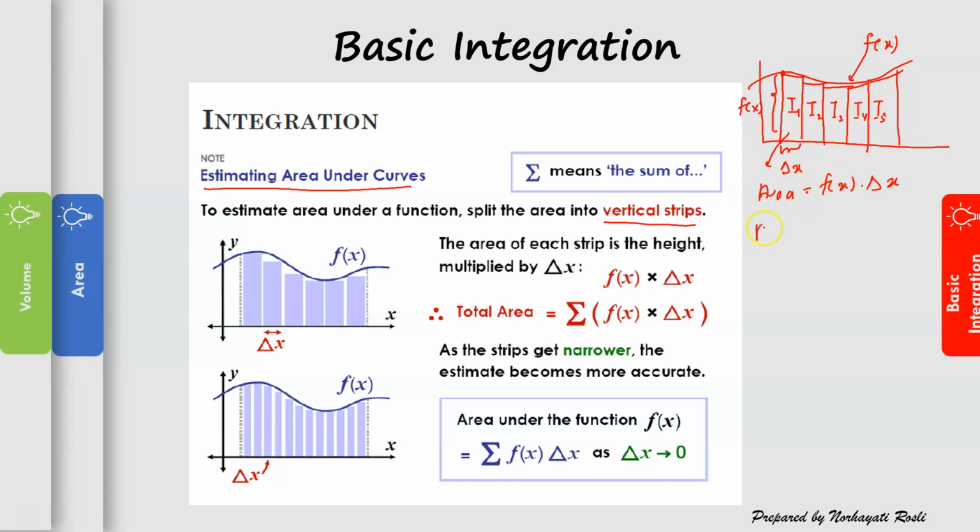So here, the total area is given by the sum of f(x) times delta x, which is given by this formula. As the strips get narrower, when our delta x approaches 0, so when delta x becomes smaller and smaller, we can have many strips. In this case, the area of this function can be written with the same formula, but now our delta x is approaching 0.